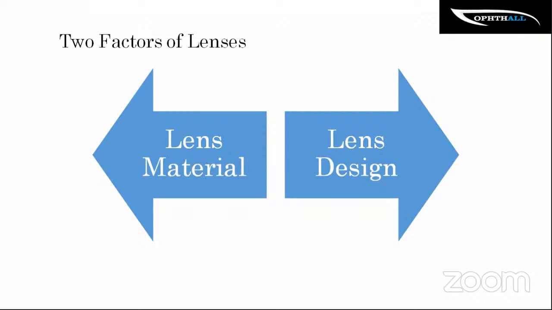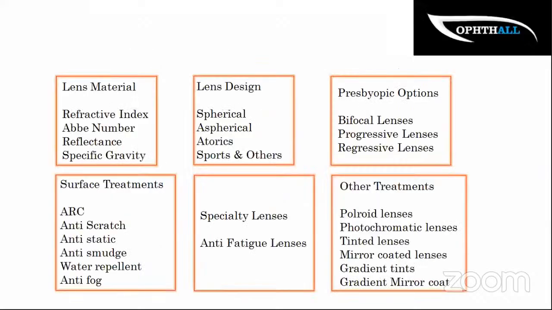For selecting an ideal lens for a given prescription, we discussed that there are two factors that are very important: lens material and lens design. As far as lens material is concerned, the important elements are refractive index, which determines the thickness of the lenses, thickness in case of concave lenses and thickness in case of convex lenses.